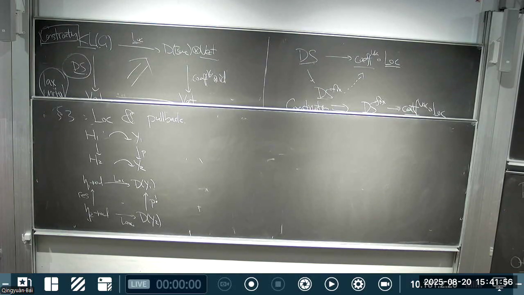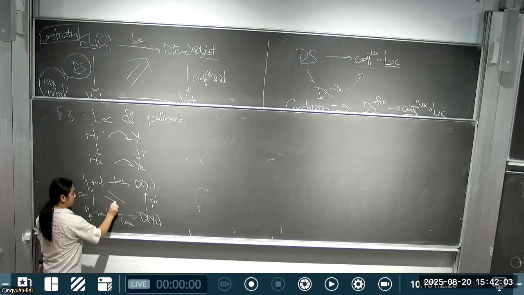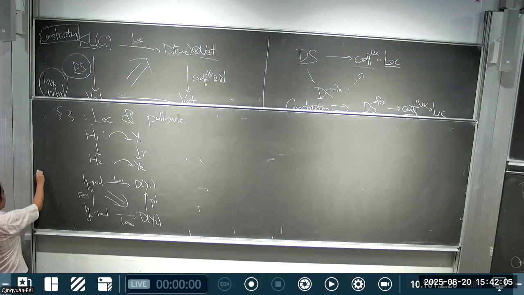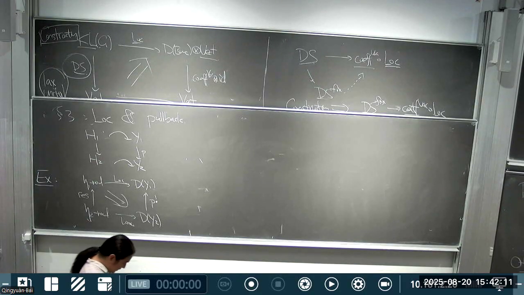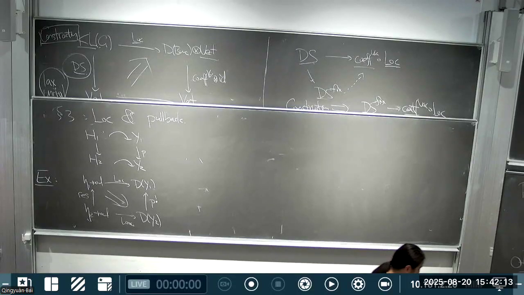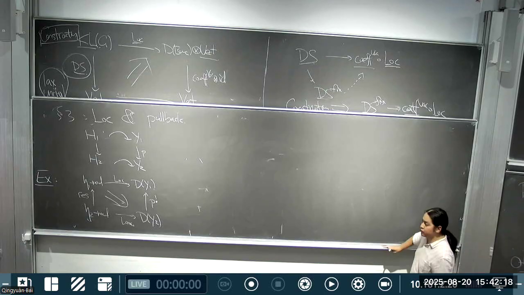Unfortunately, this diagram does not commute. Instead, you only have a natural transformation in this direction, and I leave this as an exercise for you. Sam told you how to define this localization using pull-push, and now with some correspondence, you can draw some diagram and play with it, so you can prove that.